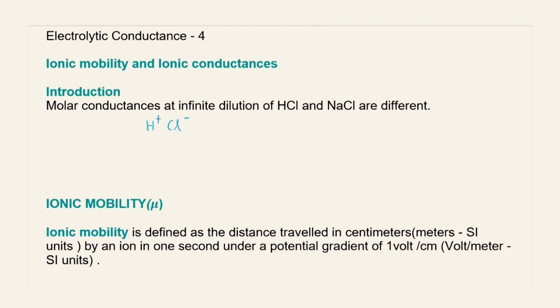And when we take sodium chloride or potassium chloride, you can take any univalent electrolyte, let it be potassium nitrate, and I will take sodium nitrate, Na+ NO3-. All these are univalent electrolytes, both cation as well as anion, having valency 1.